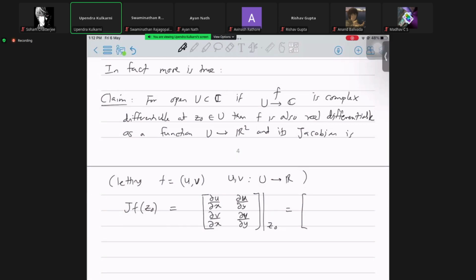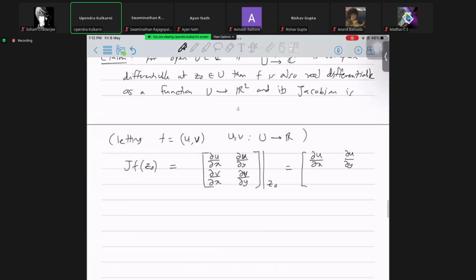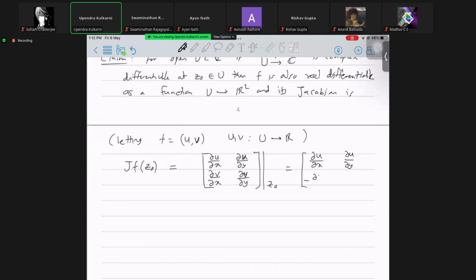So let's do that. This is del u by del x and del u by del y. But now what is del v by del x? That is minus del u by del y. And likewise for the other one: minus del u by del y, and then del u by del x.